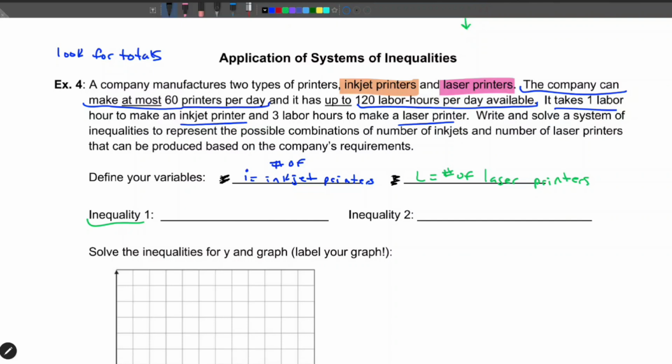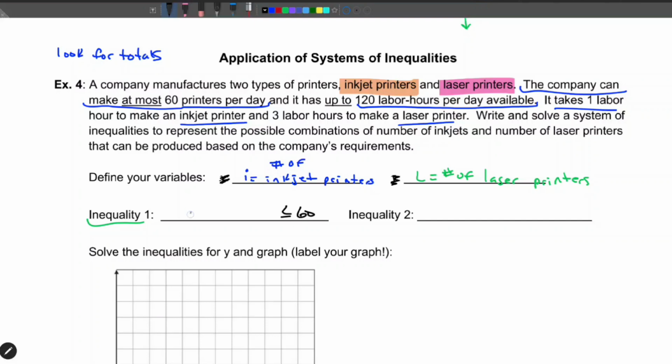So for my first inequality, my first total is 60 printers per day. So they can make at most 60 printers per day, and at most means we're going to have a less than or equal sign, and so that's the total number of printers. And we want to equate this total with our variables.